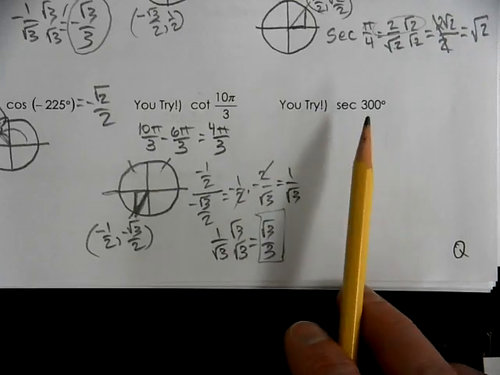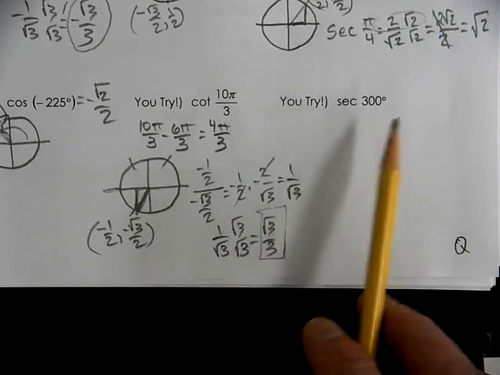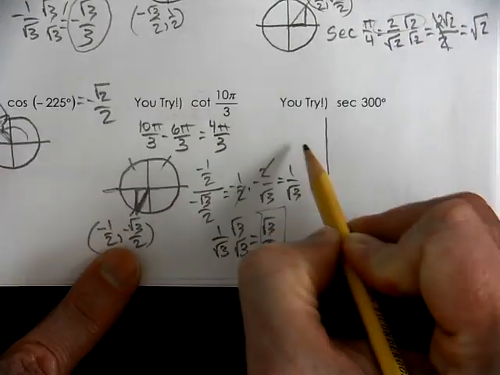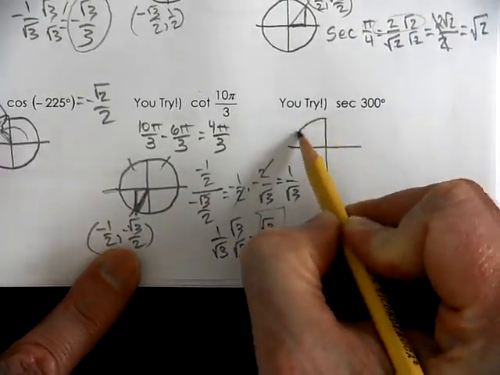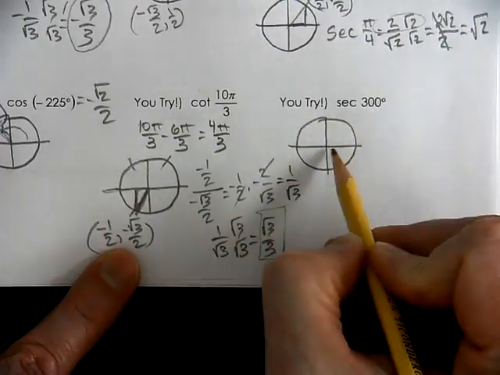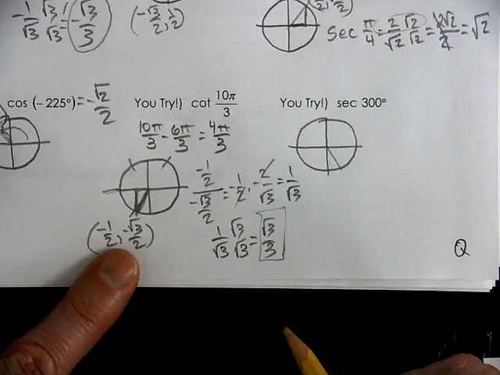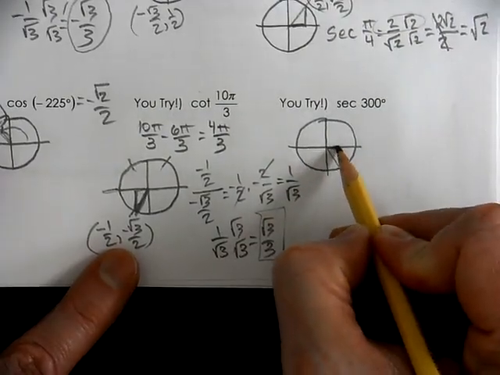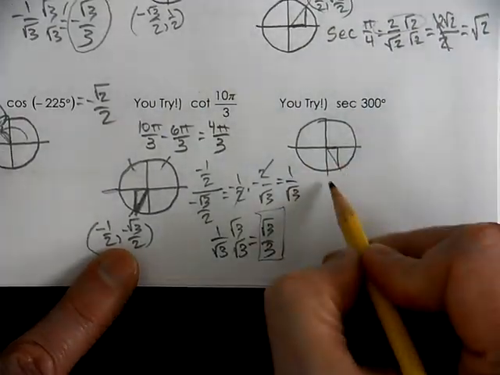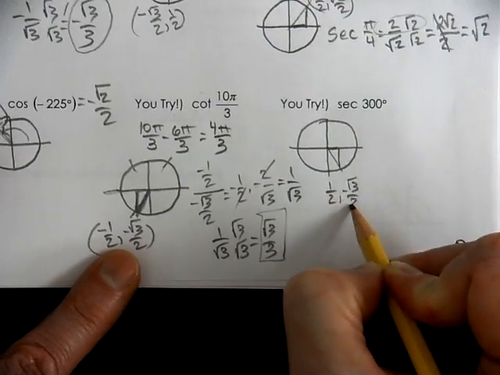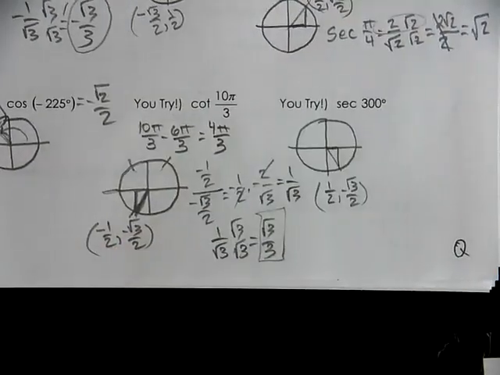What are you doing first? Is 300 in the unit circle? Well, of course it is. 300 is 60 degrees away from 360. So it's over a short way and down a long way. You need to know your coordinates.